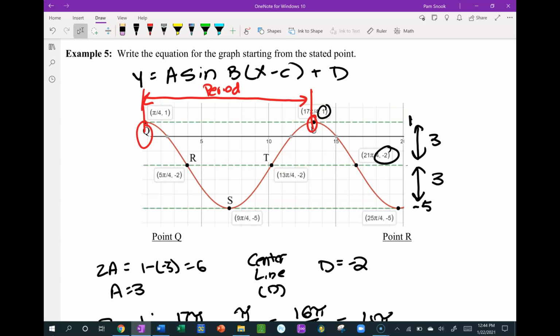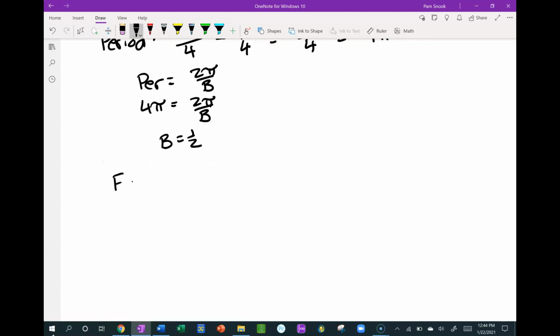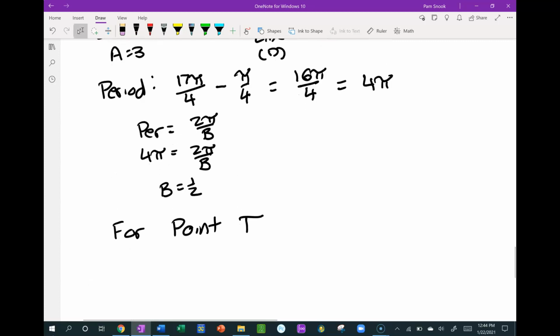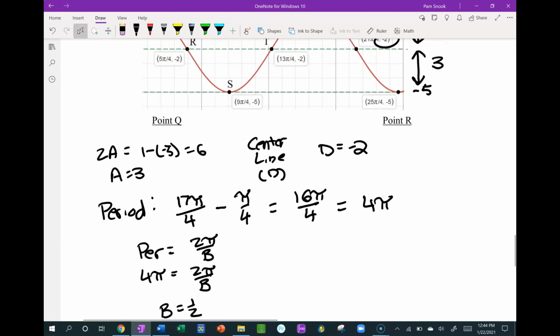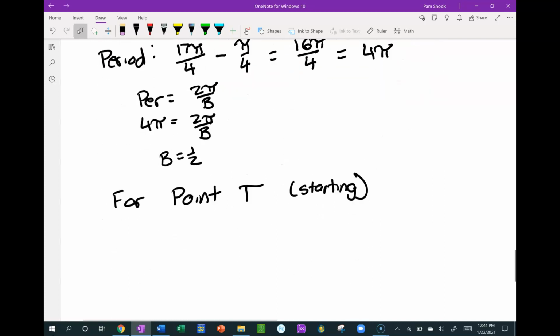So I'm going to say, let's write the equation for point T. So for point T, that's going to be my starting point. I'm going to grab that x-coordinate, which is 13 pi over 4. So that means C equals 13 pi over 4.